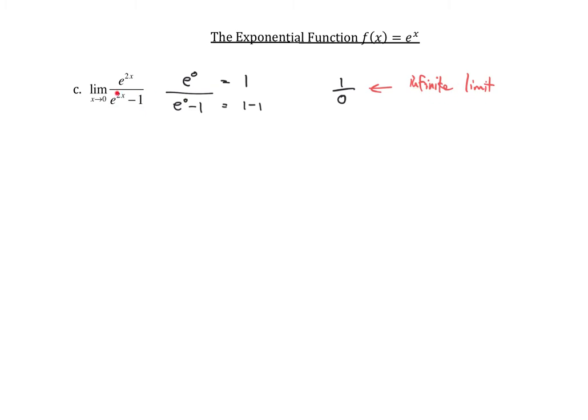So I don't see any cancellation that I can do because of the subtraction right here. So whenever we're investigating infinite limits, we need to investigate the two one-sided limits.